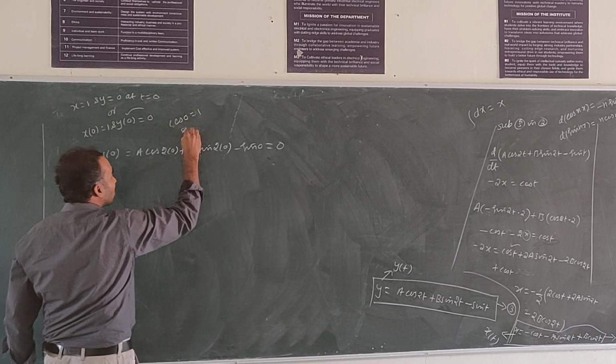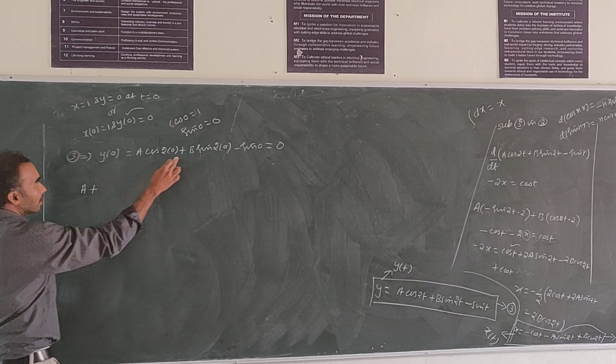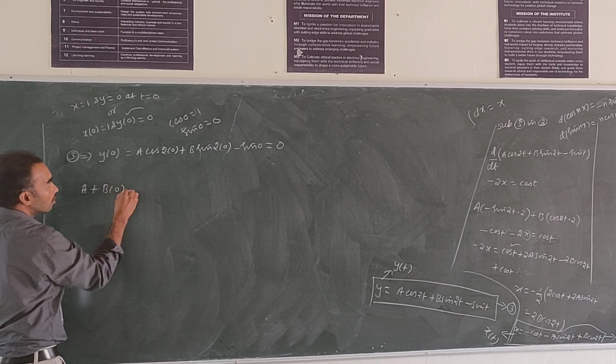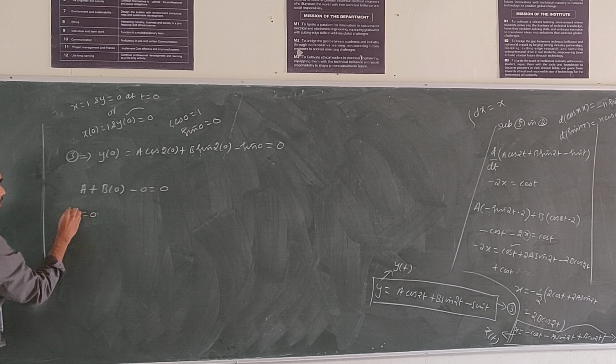Cos 0 is 1, sin 0 is 0. So a plus b into 0 minus 0 equals 0. So a equals 0.